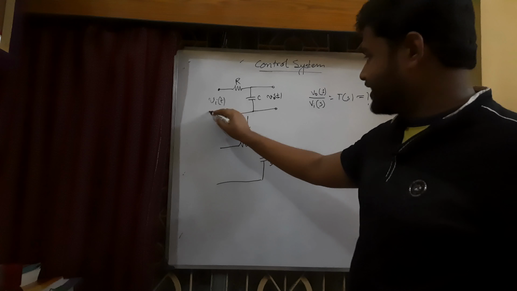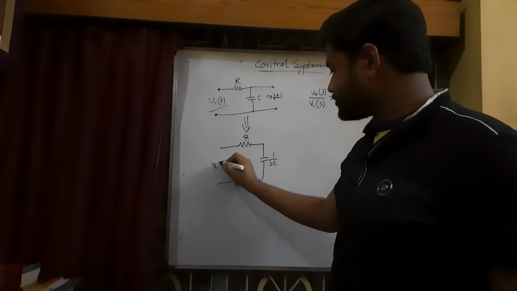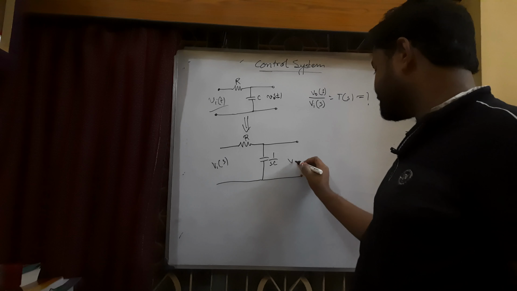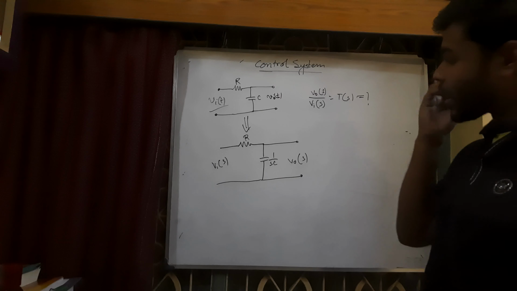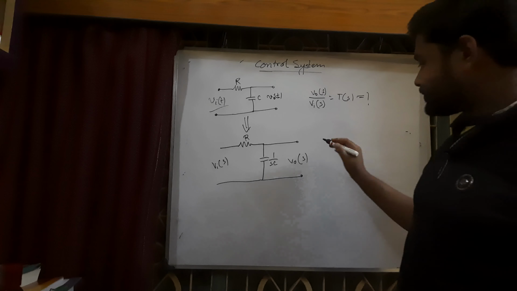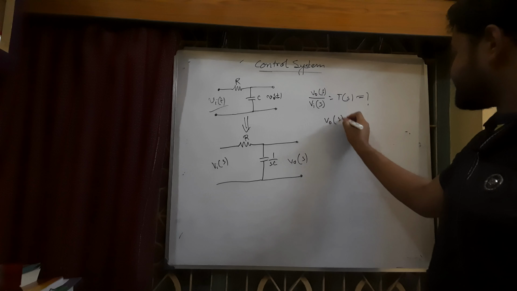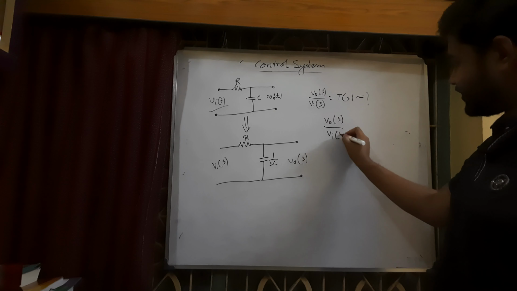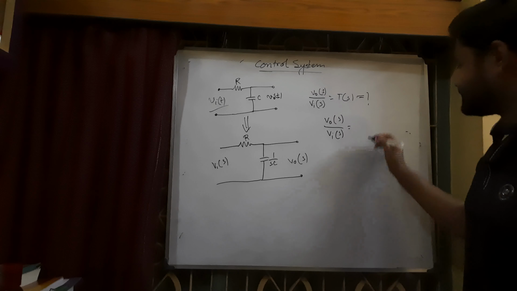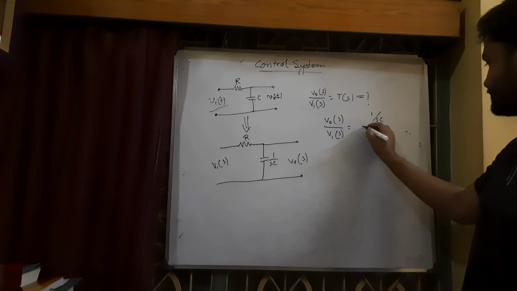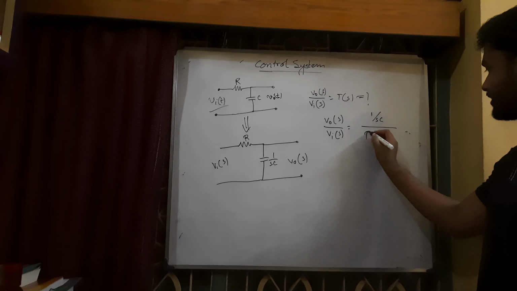And Vi of t in the Laplace domain will be converted to Vi of S and V naught of t will be converted into V naught of S. Now using the voltage division principle we can calculate V naught of S by Vi of S, that is (1 by SC) by (R plus 1 by SC).